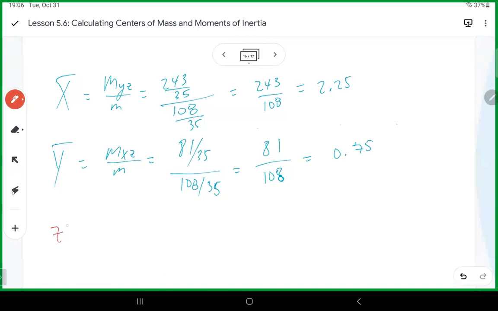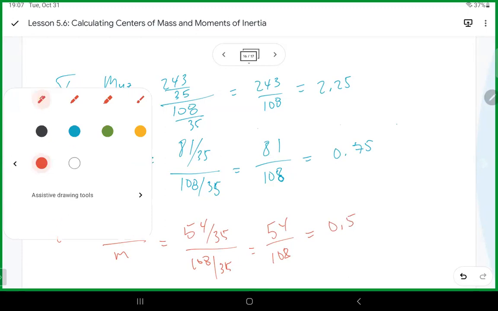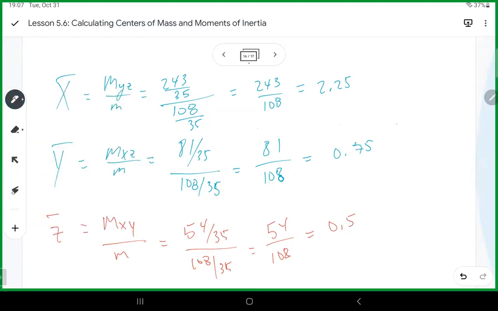And then we have z bar, which is 54 over 35 over 108 over 35, which is 54 over 108, which is 0.5. So if we put all of that together, the center of mass for the tetrahedron Q is 2.25, 0.75, 0.5.